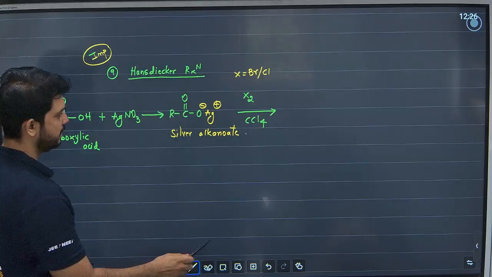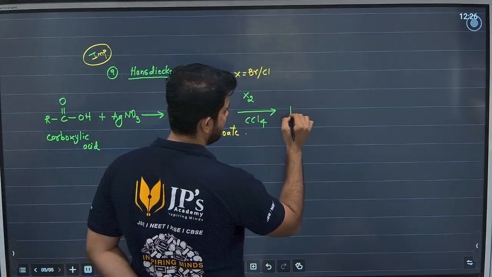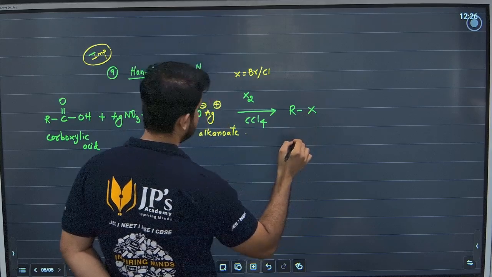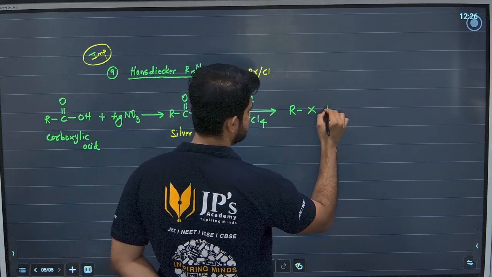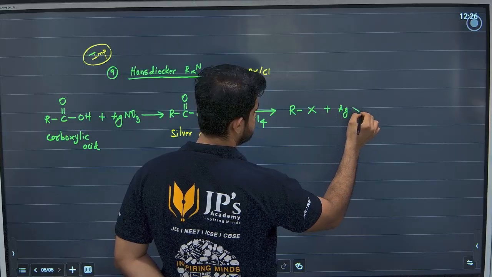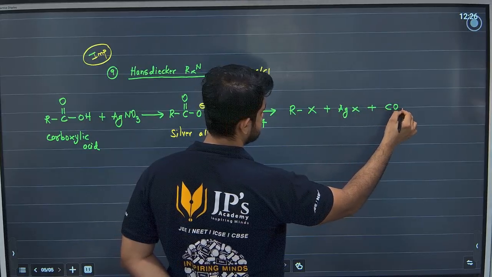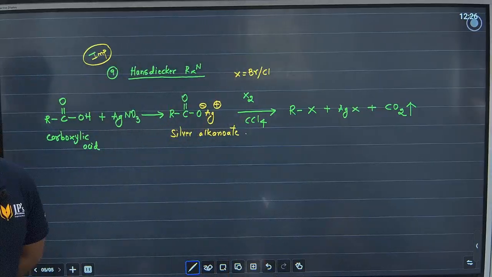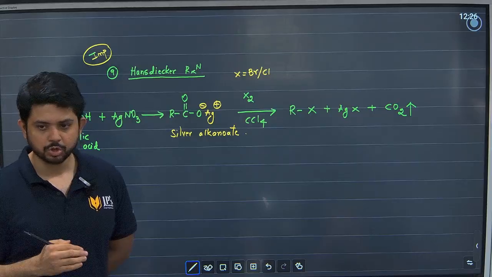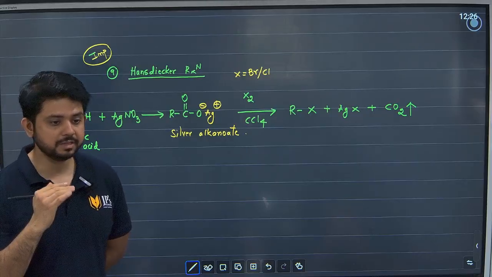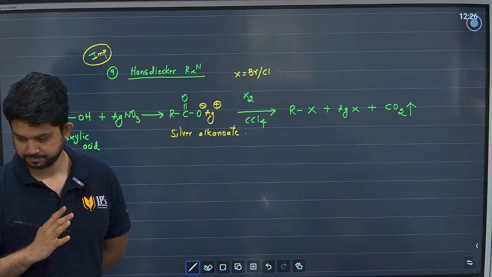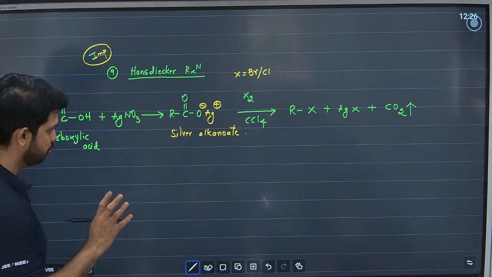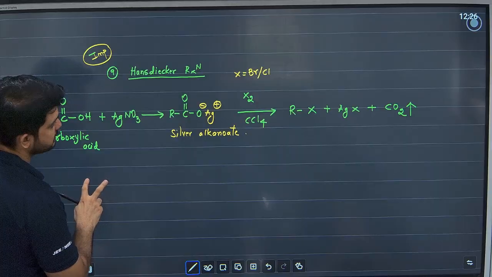So what we get here is you get RX plus AgX plus CO2. This reaction is used to decrease carbon chain. Okay, थोड़ा सा mechanism देखते, then let's pick some examples in this.